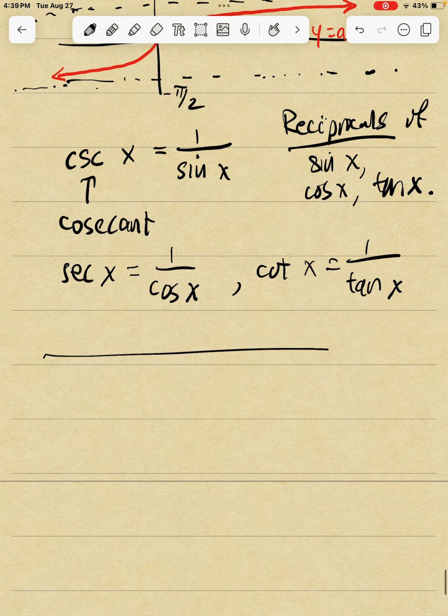Okay, let's look at some examples. So those are not inverse trig functions. Okay, the cosecant, secant, and cotangent. Oh, I should write that this is called cosecant. Sorry, this is called secant. And that's called cotangent.